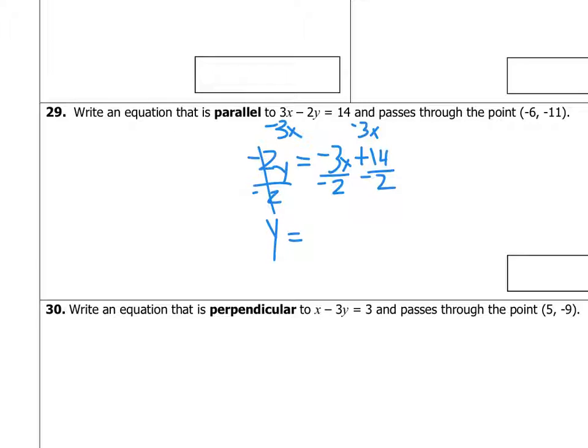And y equals 3 over 2x minus 7. So its slope is 3 over 2. So use that slope and that x and y and plug it into y minus y1. This is the point-slope form.